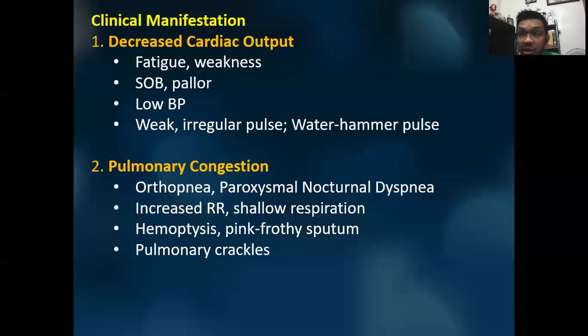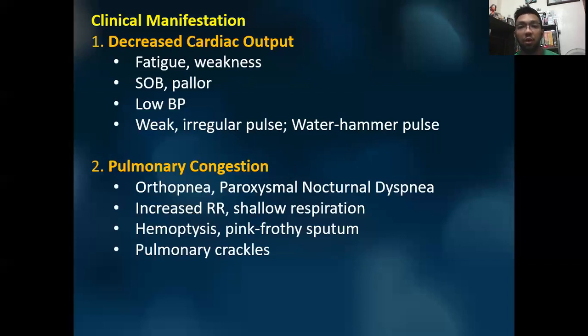For pulmonary congestion, orthopnea is also present together with paroxysmal nocturnal dyspnea. Increased respiratory rate is evident as well, and there are shallow respirations. They try to increase respiration. This is a compensation for the little amount of blood that is circulating in the patient's body.